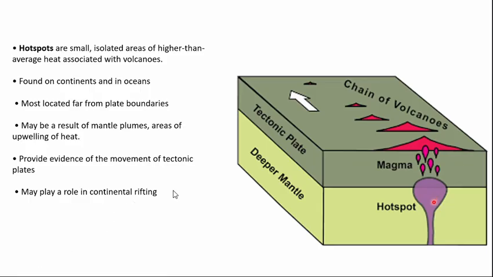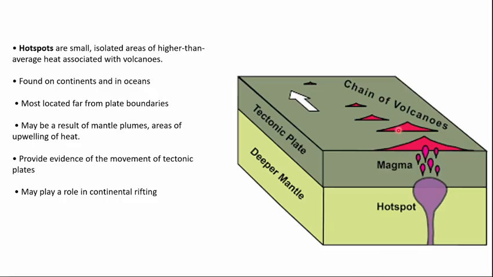So if your magma hotspot is stationary and your lithospheric plate is moving in a particular direction, what will happen is that at a particular point, this magma will push itself to the surface. When the plate moves away from there, it will carry that one away. The next one, which formed on top of here, will burst out. The tectonic plate will move away, and another one will burst out again.